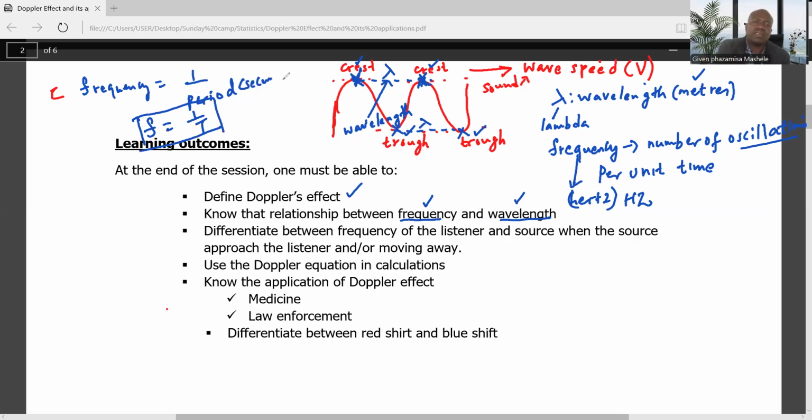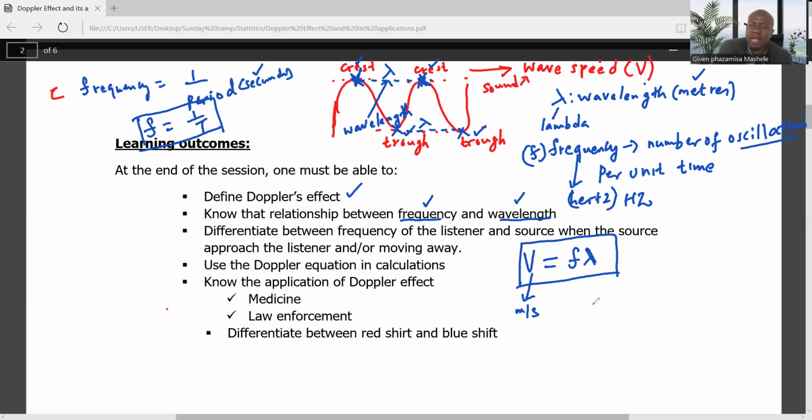But in relation to the wavelength, the frequency, denoted by F, and the speed of sound, there's a formula: the speed of sound is equal to the product of the frequency and the wavelength, V equals F times lambda. This is the wave speed in meters per second, F is the frequency, and lambda is the wavelength.